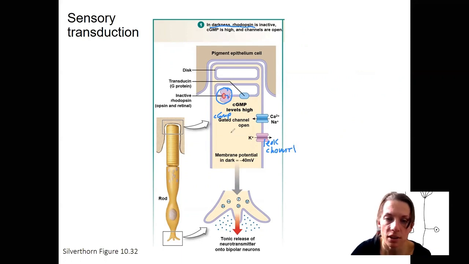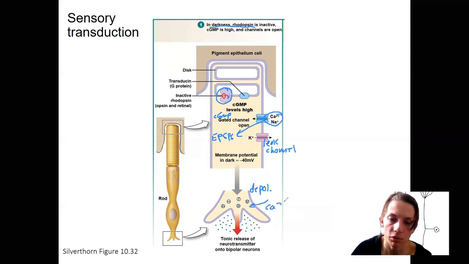So because these ions are flowing in, this is resulting in basically an EPSP. This is in the dark. This results in depolarization.